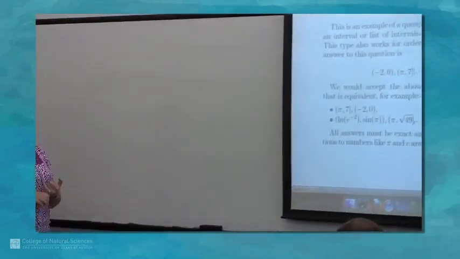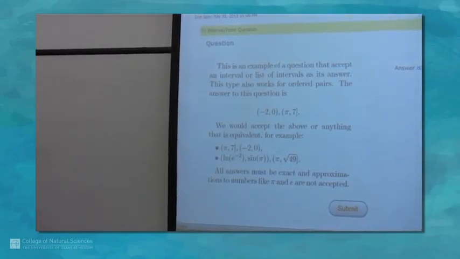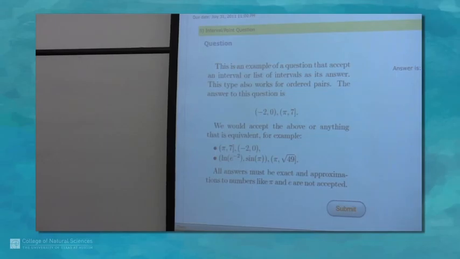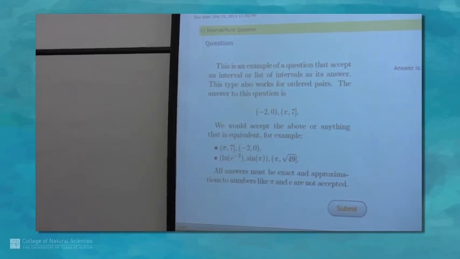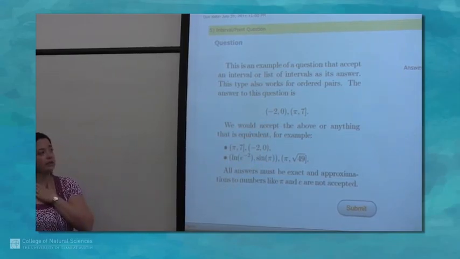We can also now accept answers that are ordered pairs or intervals because the notation is the same. So you can ask a question on what intervals is this function defined, and we can accept this as our answer.